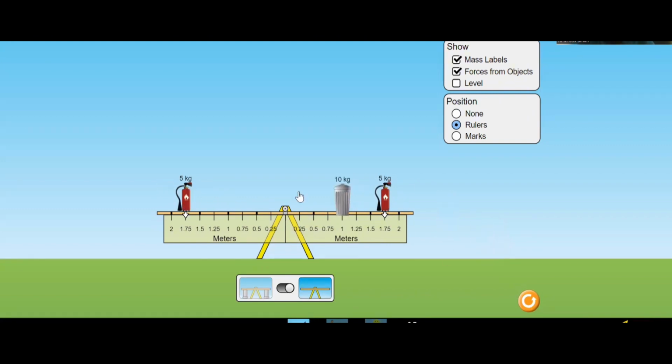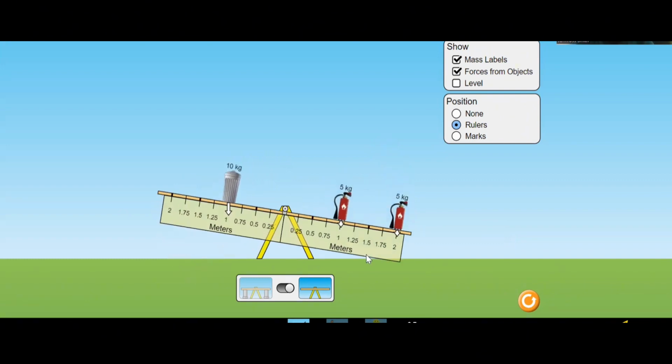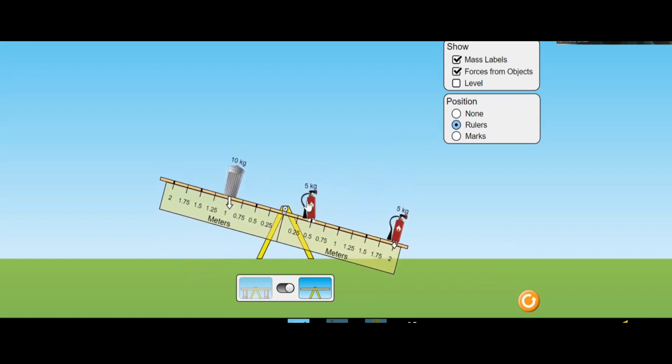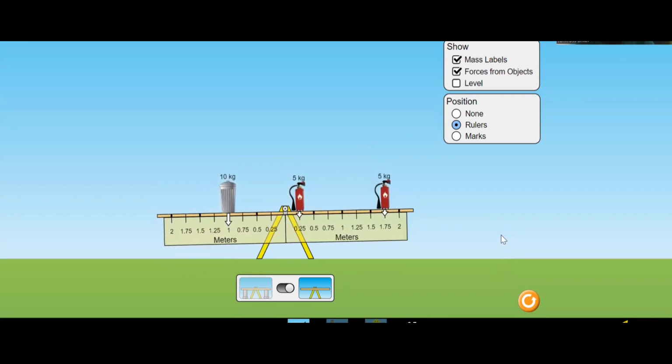Now, what if we introduce a second object? Notice it's now unbalanced. Can we balance this with just the 5? No, we can't. What if we put these two 5s here? There is a point where we can actually get this to be balanced, and this point is right here.